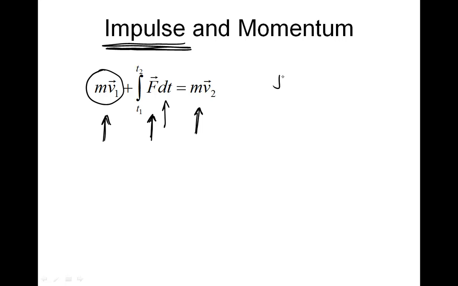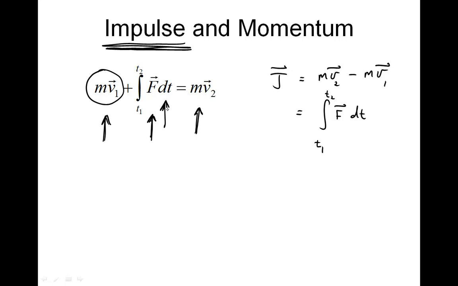So the impulse, which is a vector quantity, and we often use the letter J for it, is equal to mass times velocity 2 minus mass times velocity 1. That's the impulse. Or the impulse is the integral of force with respect to time, integrating from time 1 to time 2. So an individual particle can have its momentum change. An external force is required for an object to have a change in momentum.